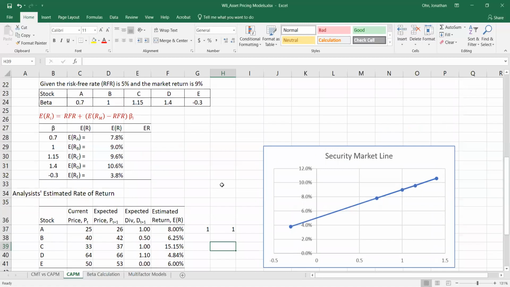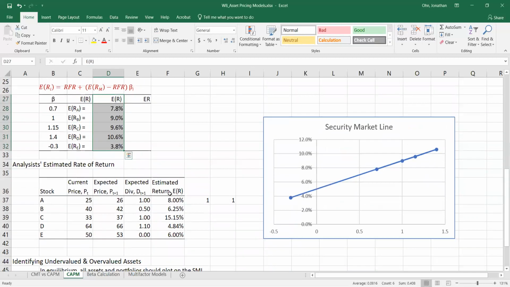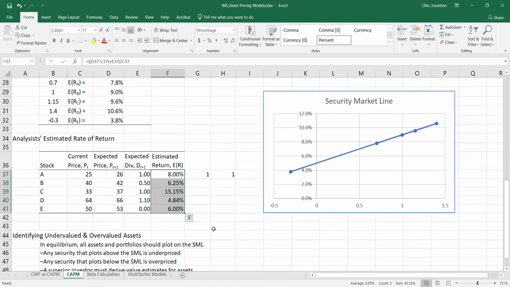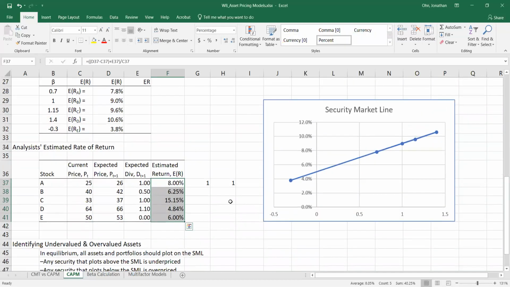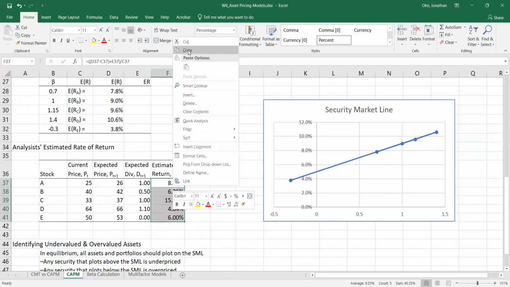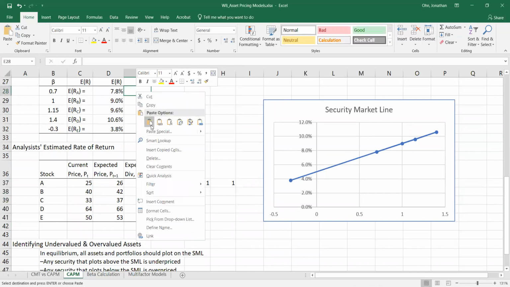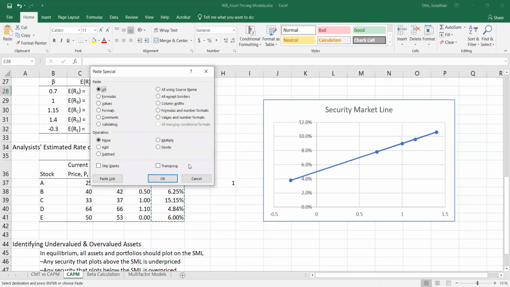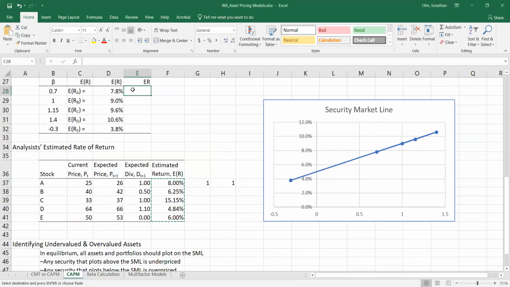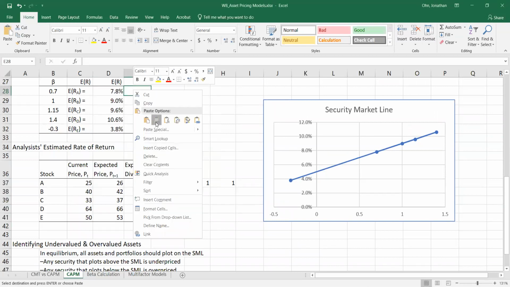Now, I told you this CAPM return is used as a benchmark, and this one is the analyst's estimated return. Let me copy and paste special, values.